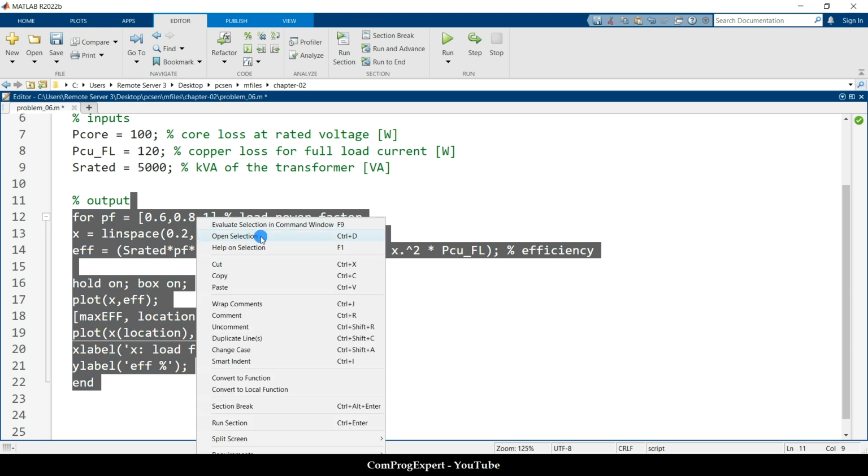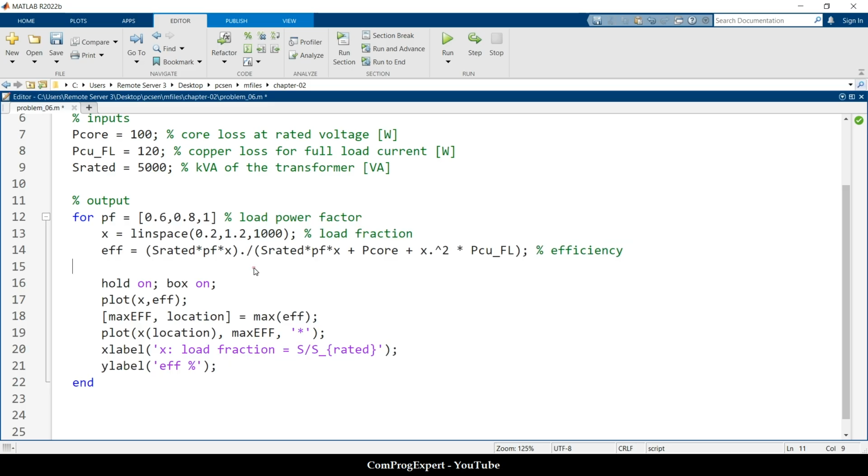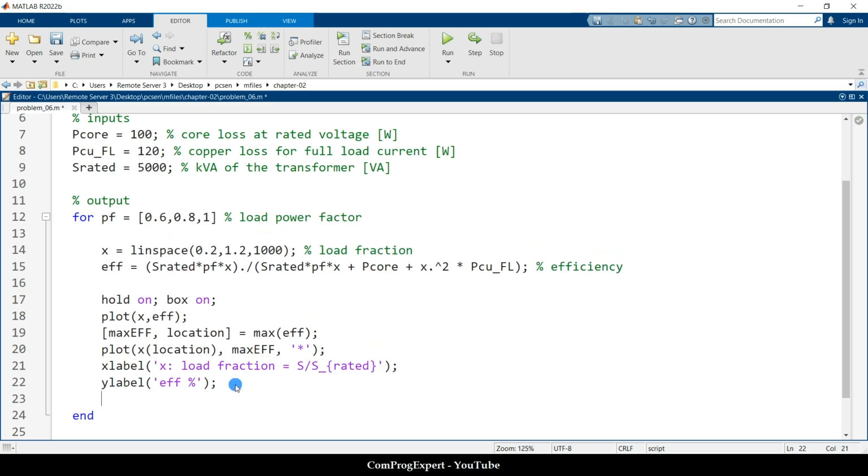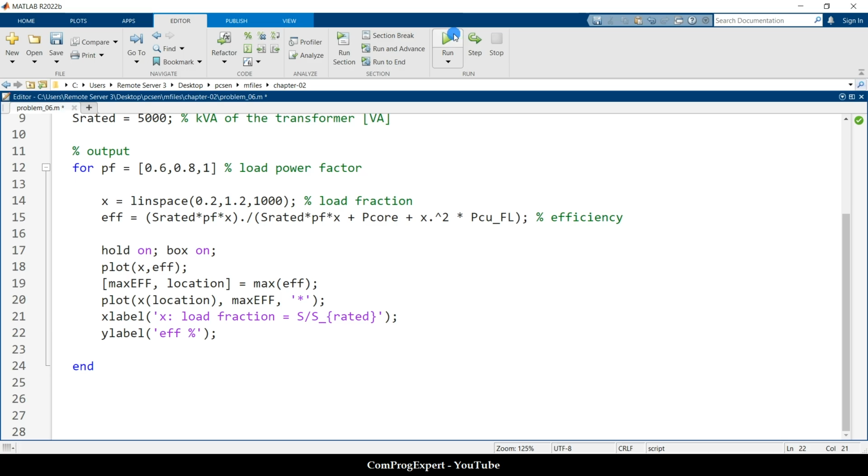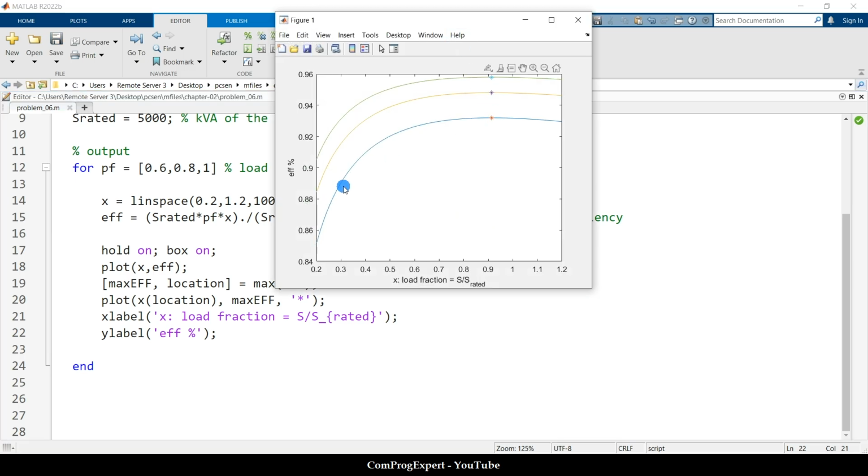So let's modify the indent. Okay. And now we can plot. Run.